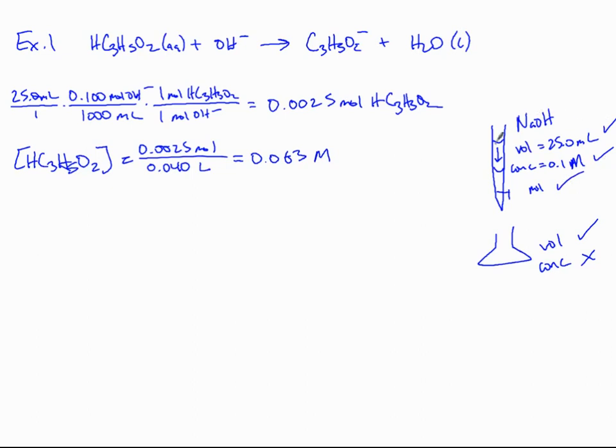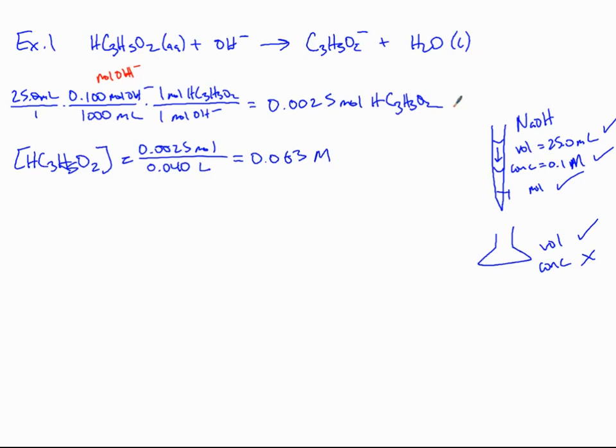And so we started with this information, and you can see that here. Volume times concentration told us, at this point, we knew moles of hydroxide that reacted, and we knew that there was some left over. We didn't really care how much was left over. So this mole ratio told me how many moles of this we actually had.